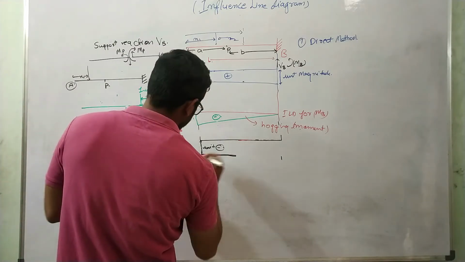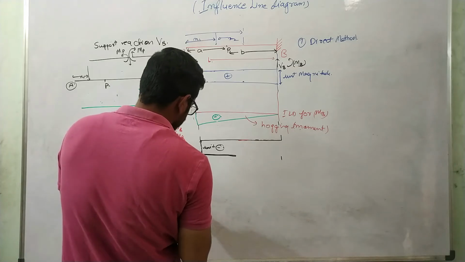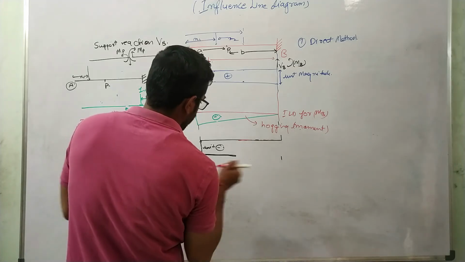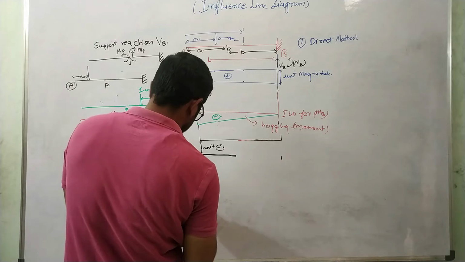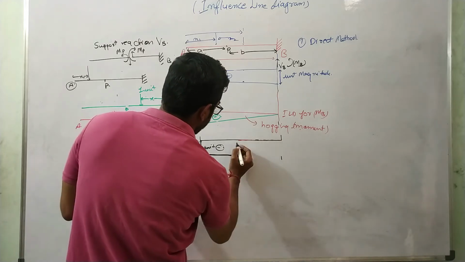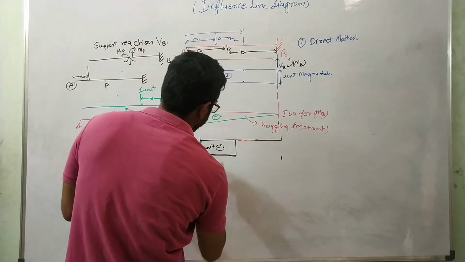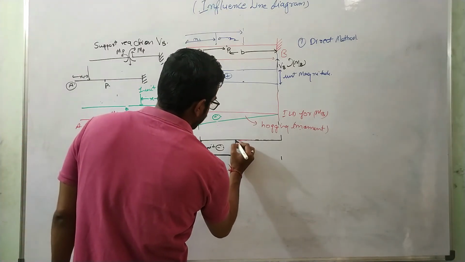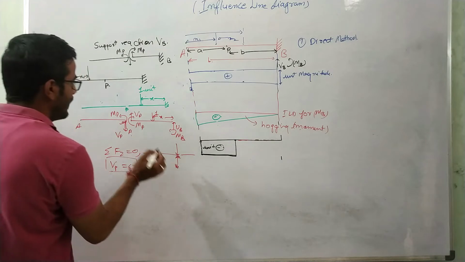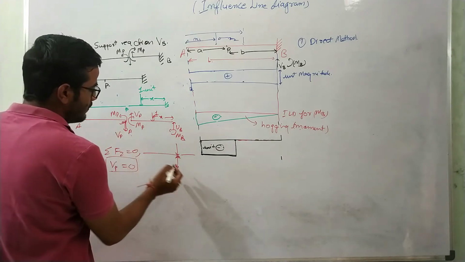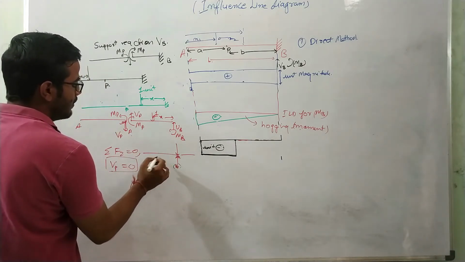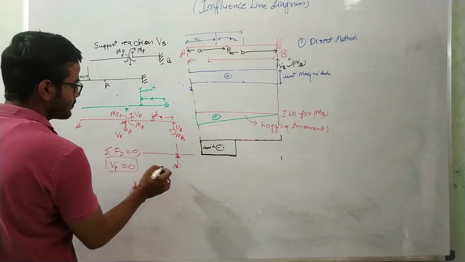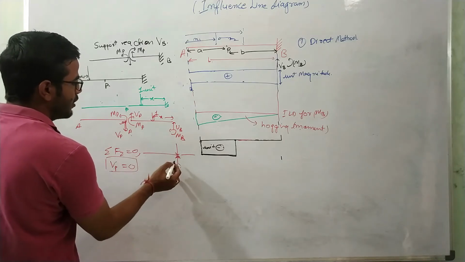So it comes like this. This is the shear force when the load is acting at point P. So this value becomes VP, and VP is nothing but equal to the unit load.